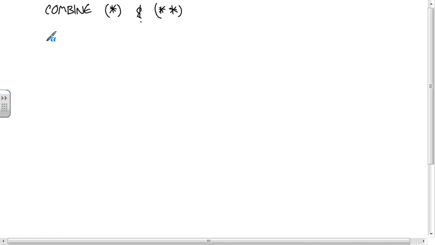So we know the efficiency is equal to W over QH, right? That was our definition of efficiency. We can rearrange double star to say that work is equal to QH minus QL.